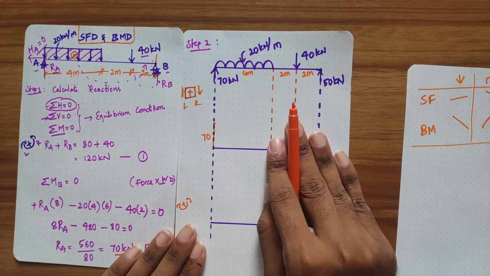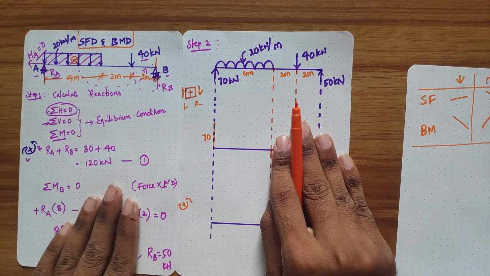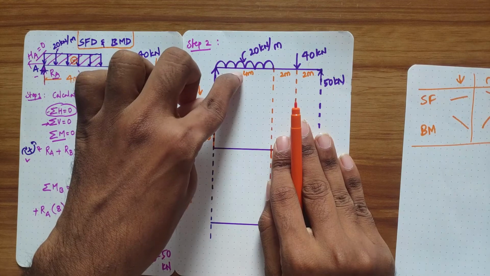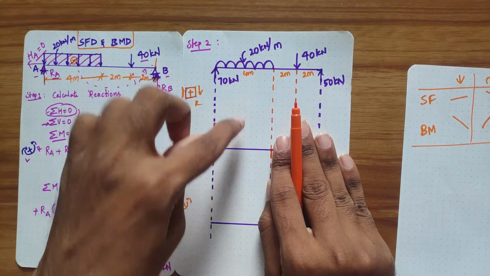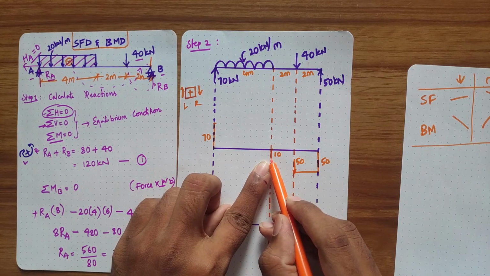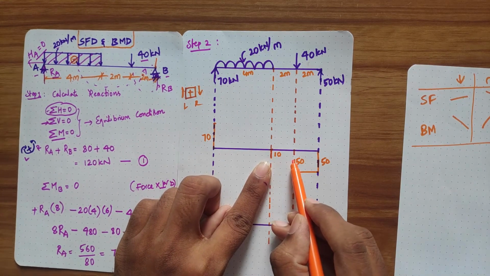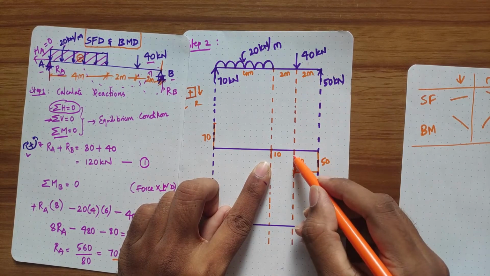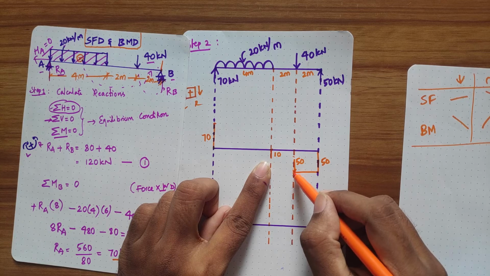Up to here we subtract and balance the loads. 70 upwards, and then at this point we subtract the load acting downward, 70 minus 80, giving minus 10, until in between there is no load. When you go to this point, there is another load of 40; subtract the 40 from this minus 10, and you have minus 50.